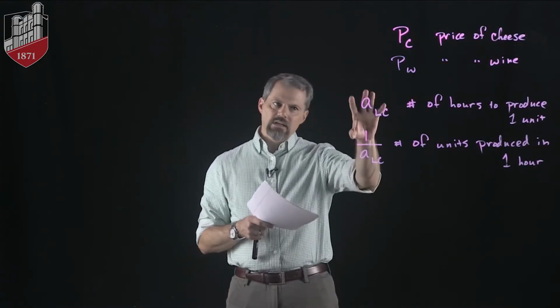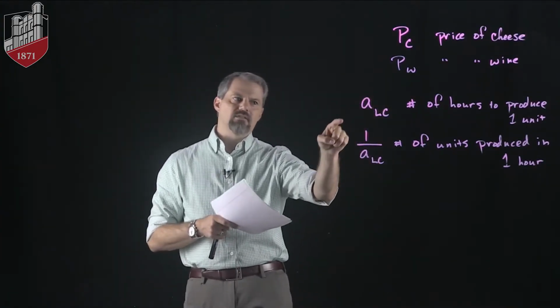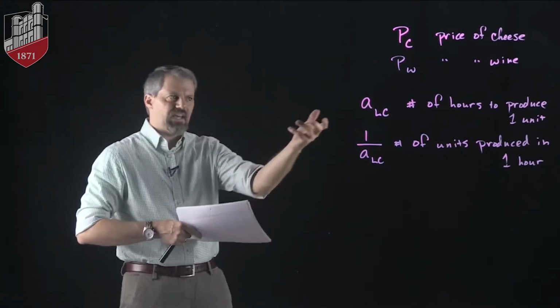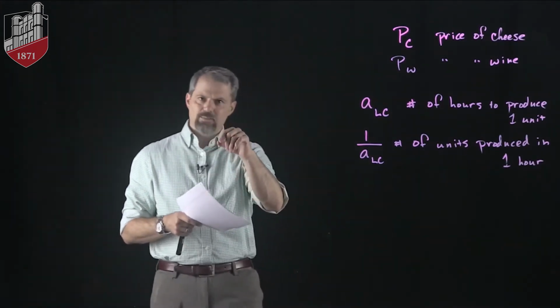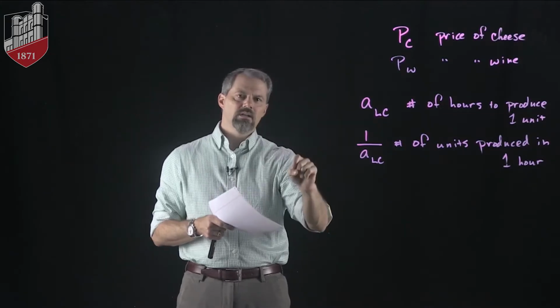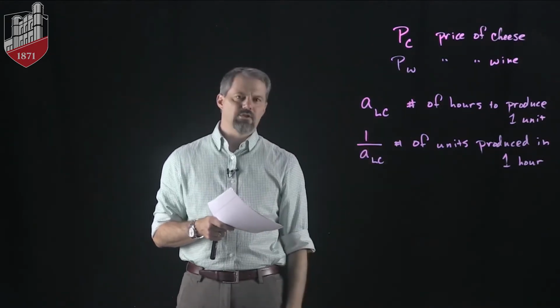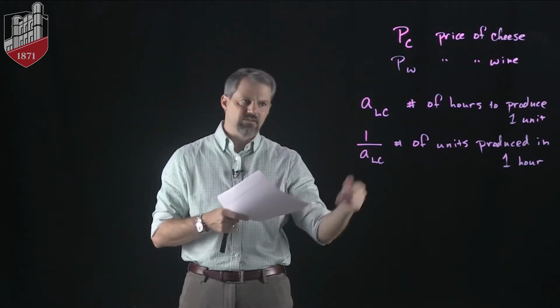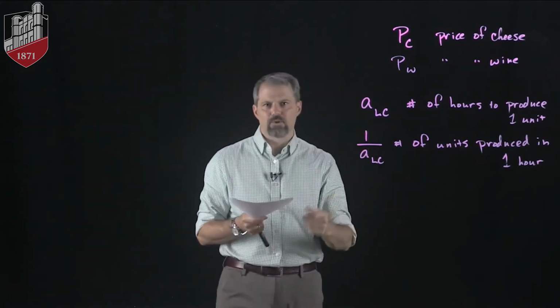Okay, so it's a little confusing when you think about the unit labor requirement and its reciprocal, but if you just pick an example, here's the simplest example. If this was 1, it takes 1 hour to produce a unit of cheese, then each hour they could produce 1 unit of cheese, okay? Because the reciprocal of 1 is 1.